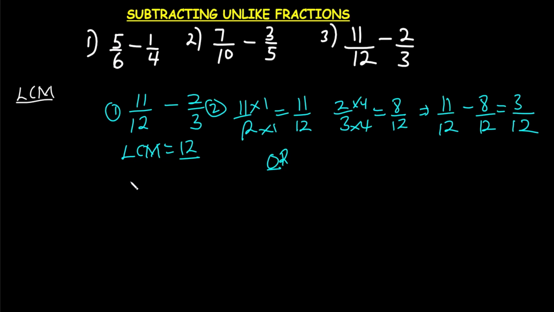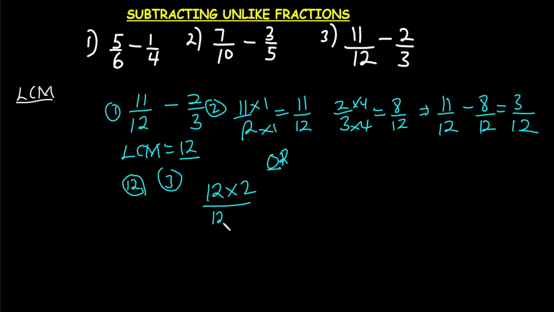The first thing is that I'm going to take the two denominators, 12 and 3, and use the first denominator to multiply the second fraction, and also use the second denominator to multiply the first fraction. So I'm going to use the first one, 12, to multiply 2 over 3.